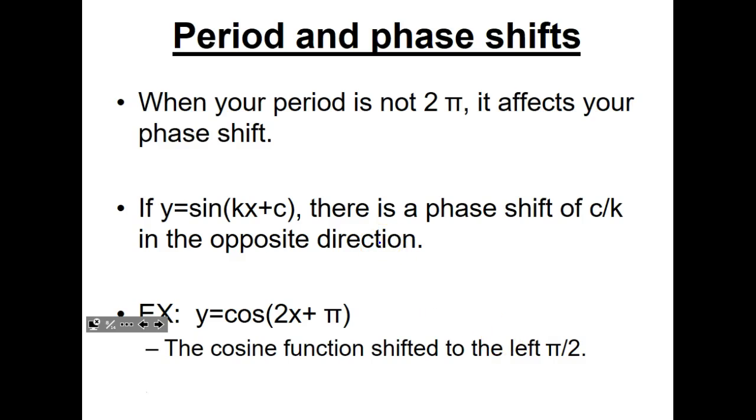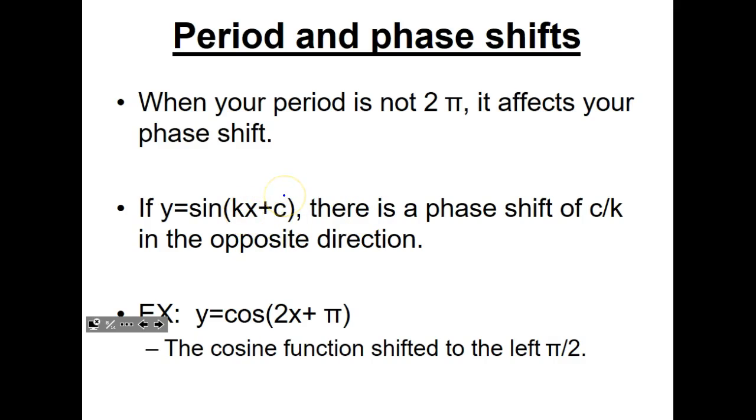Now, phase shifts can be very simple unless you have a period change as well with your phase shift. So, if your period is not 2 pi, it affects your phase shift. For example, if I have y equals sine of k times x plus c, there's a phase shift of c over k.